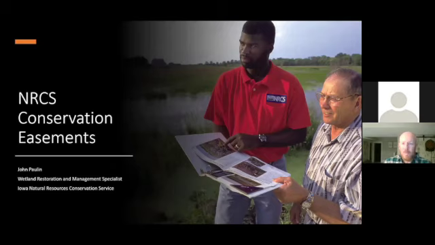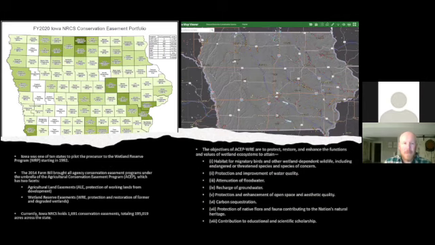Iowa was one of the first 10 states in the union to pilot what was to become the Wetland Reserve Program back in 1992. Following the 1985 Farm Bill and the conservation provisions it brought about, in the early 1990s there became an interest in trying to reverse the trend of wetland conversion that happened with the boom in row crop agriculture that we saw in the 50s, 60s, 70s, 80s, et cetera.